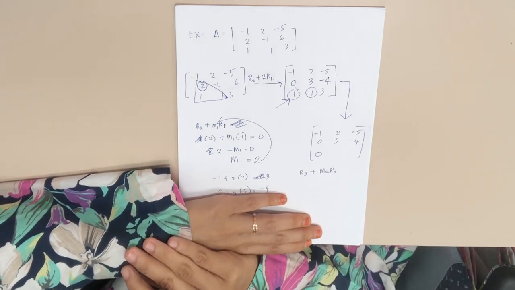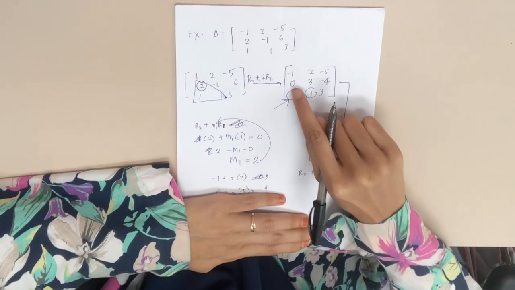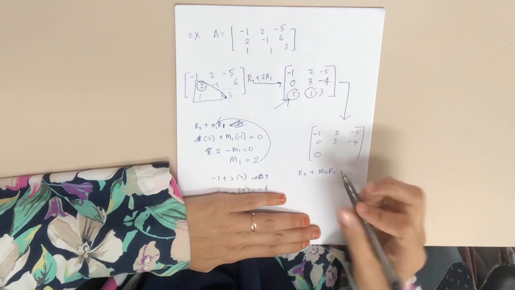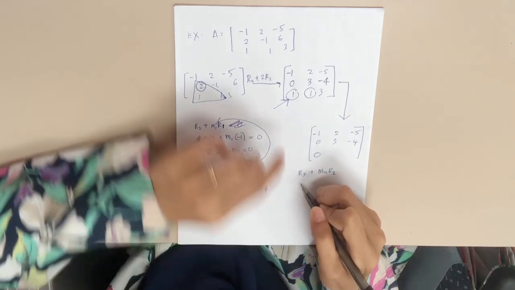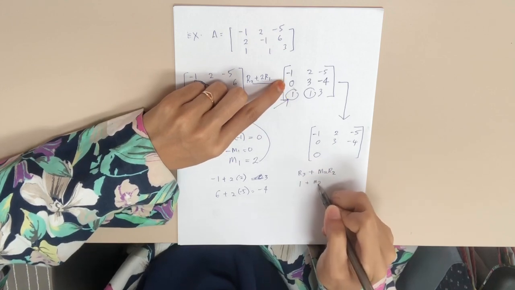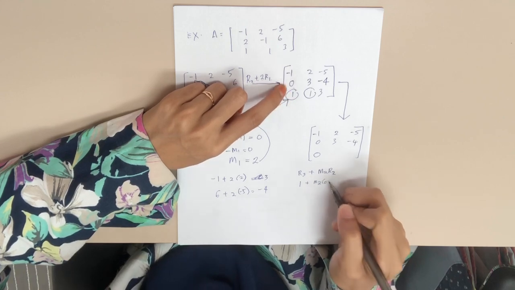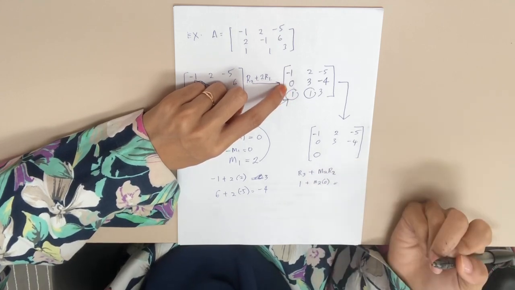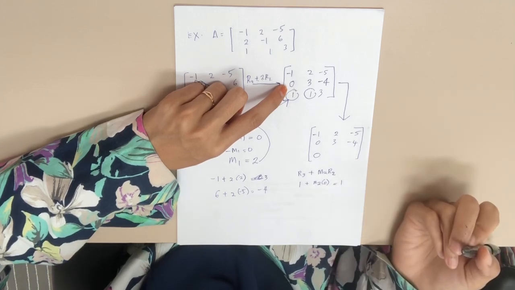Why? Because row number 2 is 0. Kalau saya bagi contoh, if you take row number 2, so now this is 1. Your m2 you do not know yet, so we want to find out your m2, and then row number 2 is 0. So what's the answer that you get? 1, right?